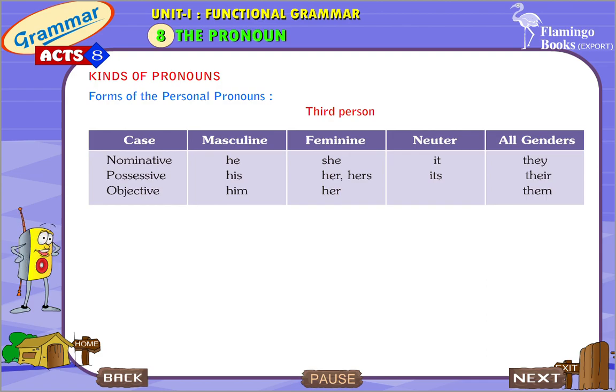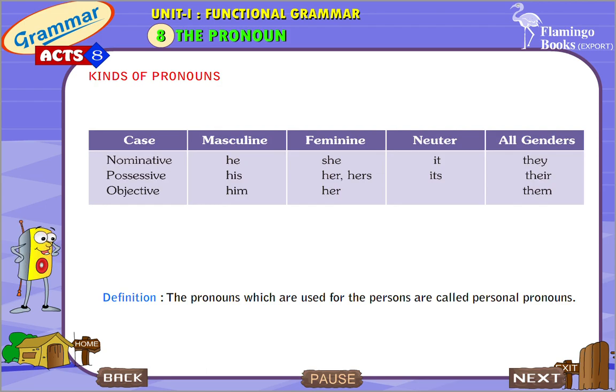Third person, masculine, feminine, neuter, all genders: nominative he, she, it, they. Possessive: his, her, hers, its, their. Objective: him, her, them. Definition: the pronouns which are used for the persons are called personal pronouns.